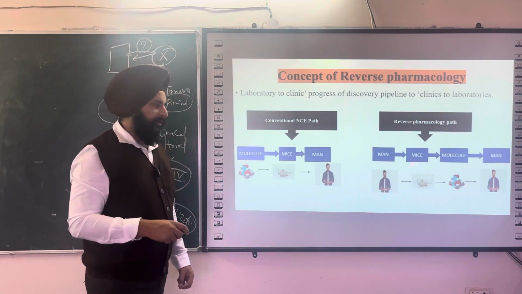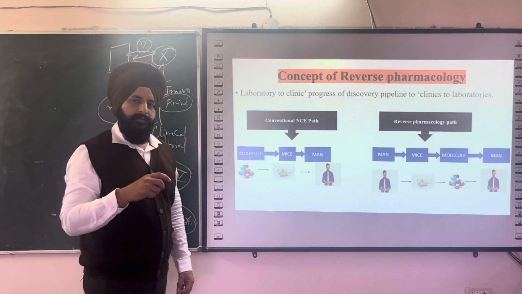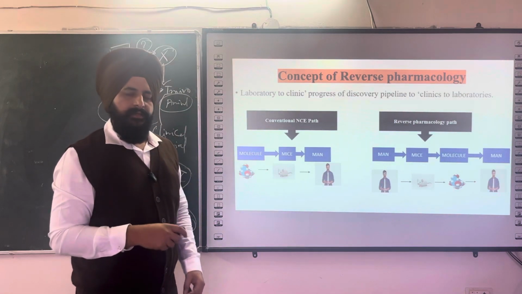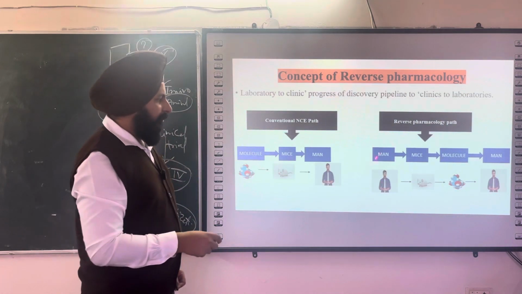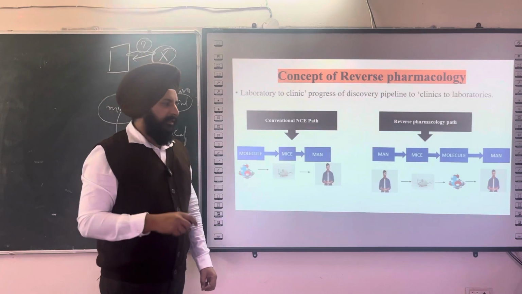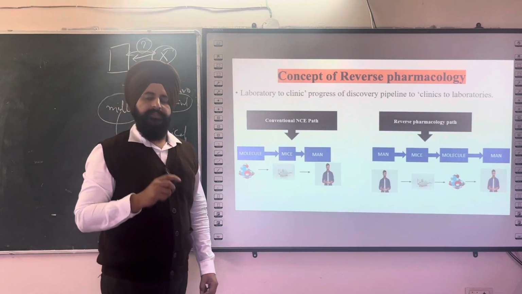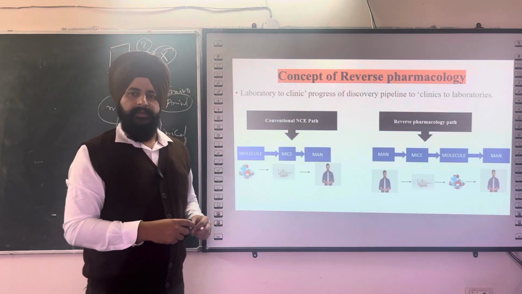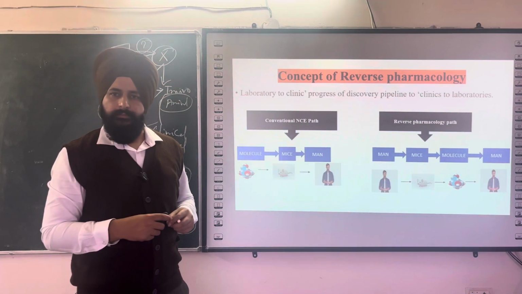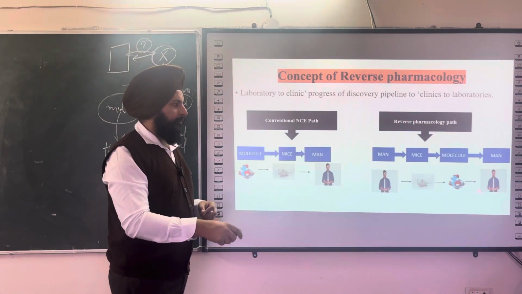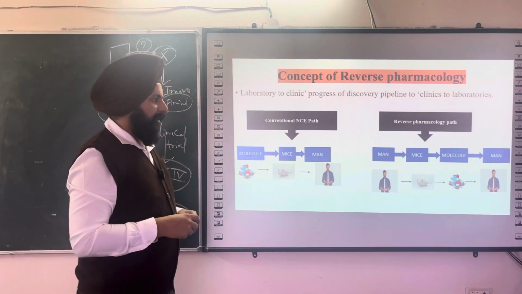Suppose we found that fluconazole has some adverse effect in the body, then we check again on the animal, and we should try to synthesize some novel molecule by taking the knowledge of that particular thing, and then we go for clinical analysis.